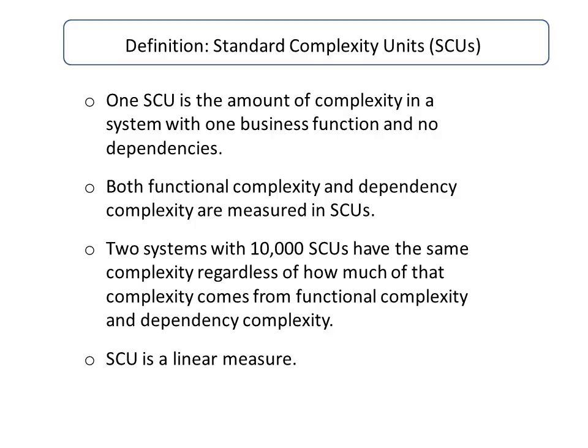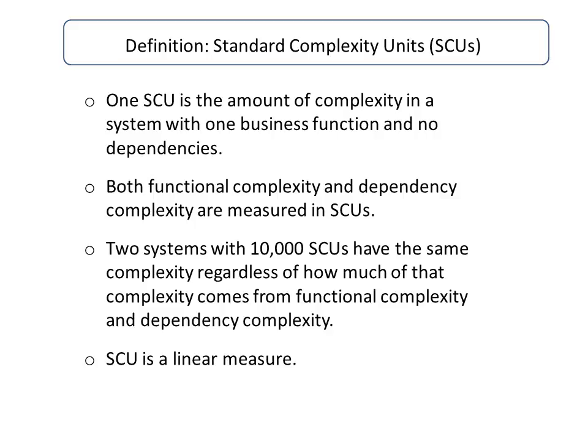Now, we don't see systems like that very often, but that is our standard measure, so we use that as the way to measure the amount of complexity in a system. It doesn't mean that a system with 100 business functions is going to have 100 standard complexity units, because as we'll see, the relationship between SCUs and functionality is an exponential function. But it's a way of standardizing across different types of systems and different types of complexity.